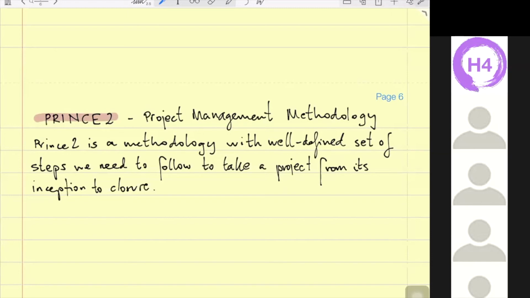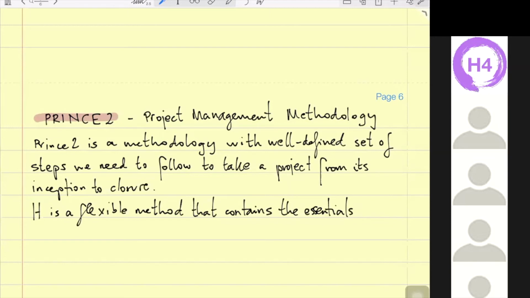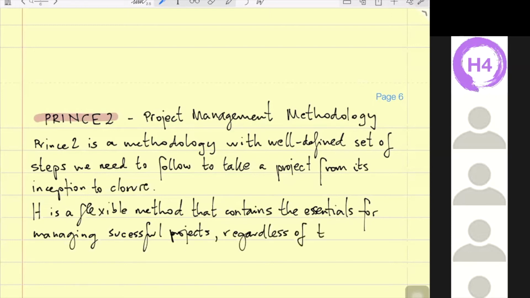It is a flexible method that contains the essentials for managing successful projects, regardless of type or scale.